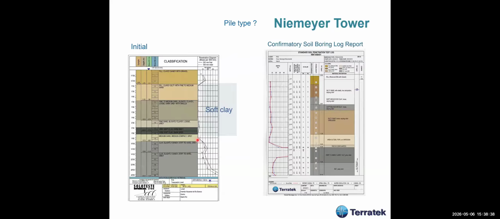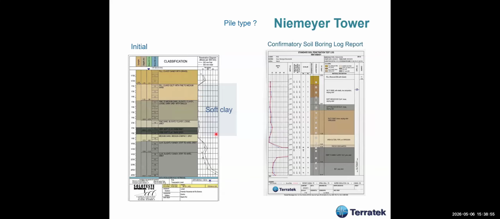What happened is that I asked for a confirmatory soil boring afterwards, and when I received the results, they were quite different, especially in this part.